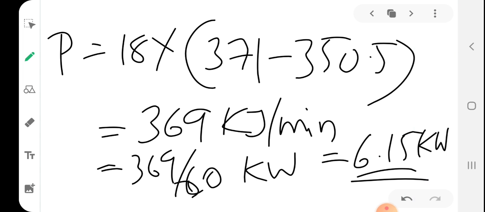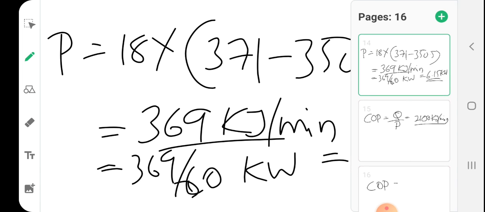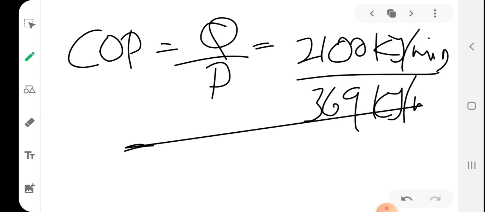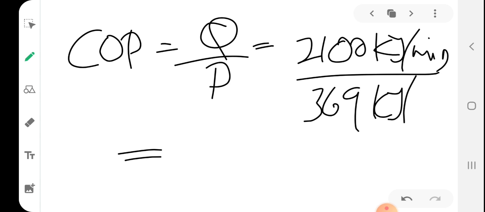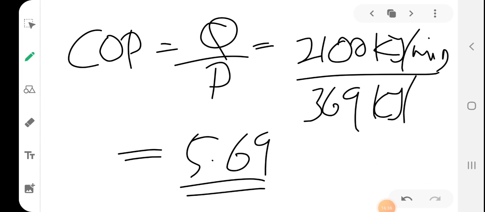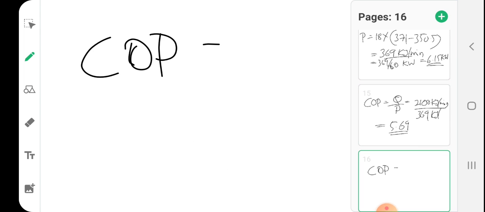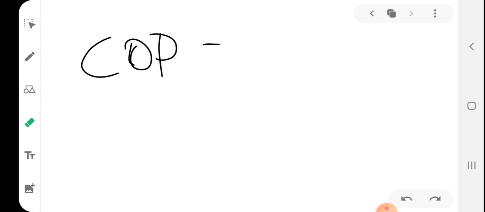It was 6.15 kilowatt, but in kilojoule per minute it is 369. So you substitute 369 kilojoule per minute, and you will get a value around 5.69. COP will be 5.69. Okay.